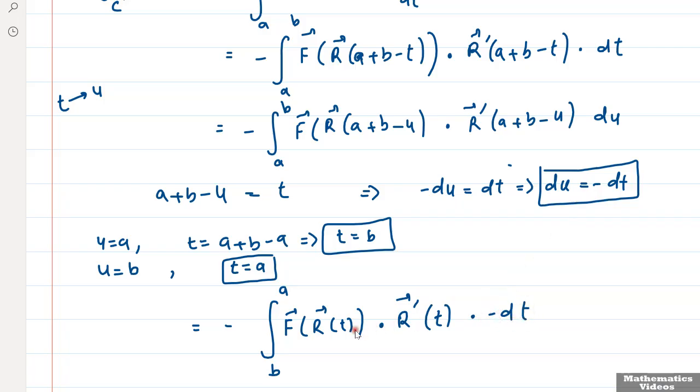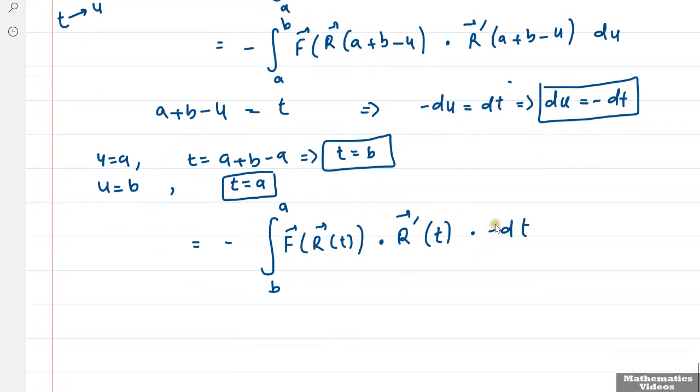Bring the minus sign outside. This minus sign gets cancelled with the minus at the outside, and reverse the limits of integration. So a becomes the lower limit and b the upper limit of integration, and in this case we have to put a minus here.